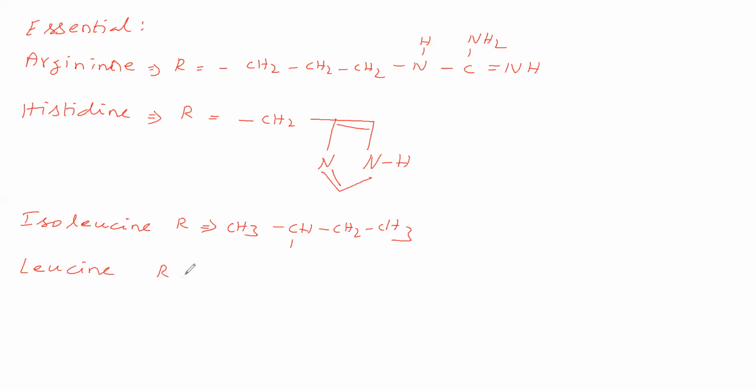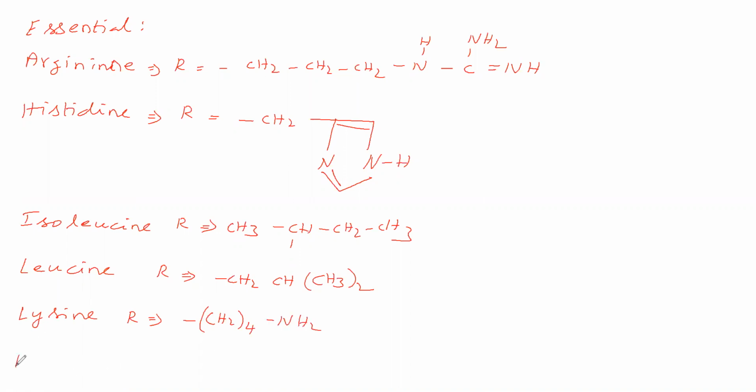The R formula is CH2, CH, CH3 twice. It is leucine. Next we will take lysine. The R formula is CH2 four times, NH2. It is lysine.